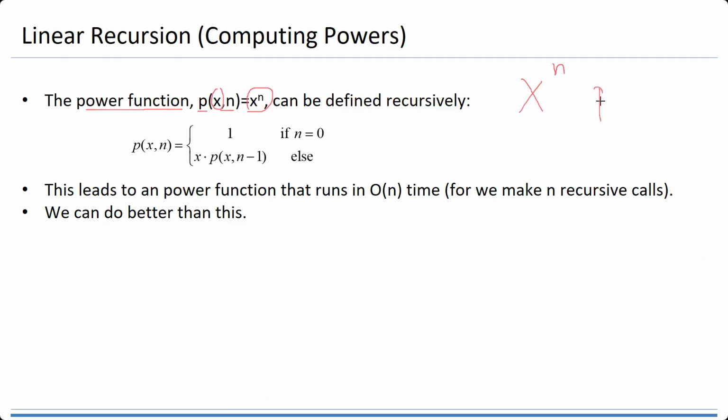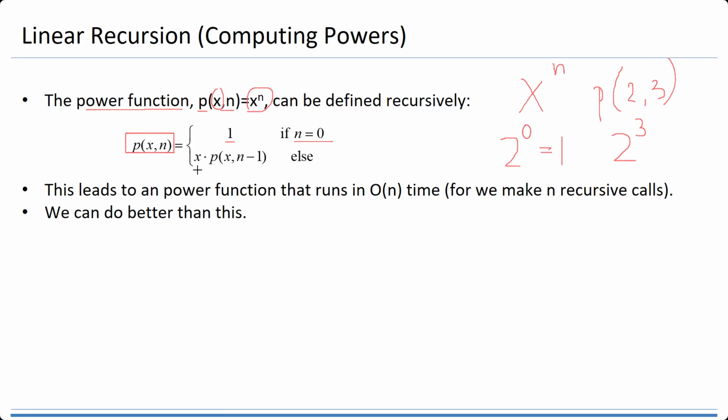So for example, if I have p of 2 comma 3, then it means this is 2, which is the base, to the power of 3. We can define the function p of x comma n. It will be 1 when n equals 0. So you can see 2 to the power of 0 means this is 1.